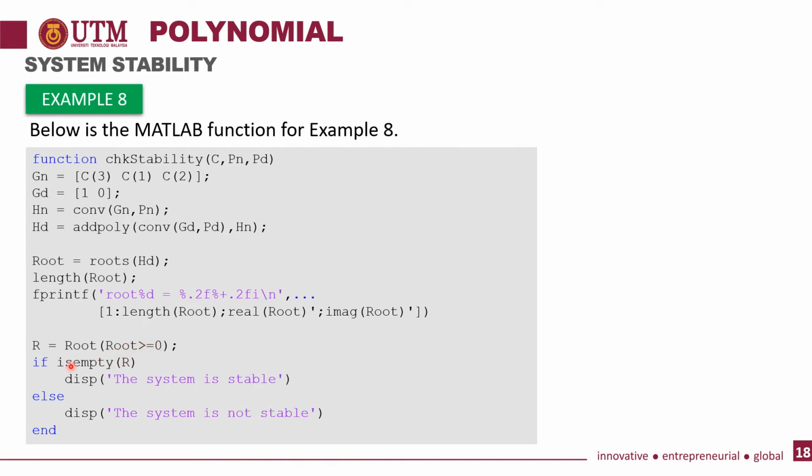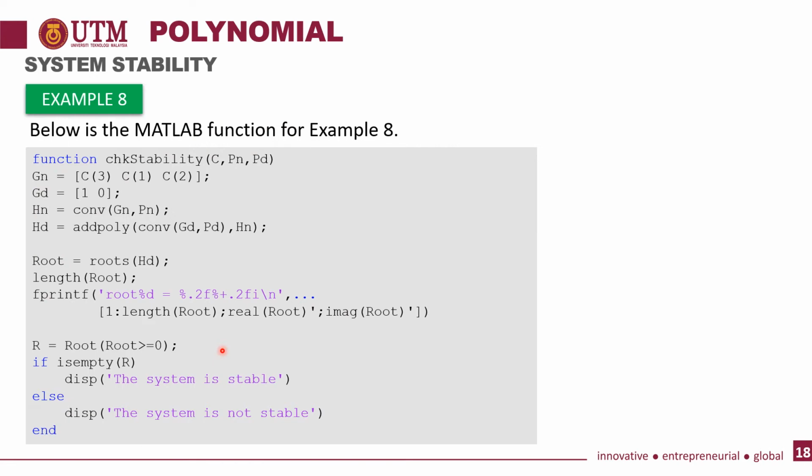If it is empty, it means the condition is not met, so the system is stable. So if R is less than 0, the system is stable, else the system is not stable. This is how you can create the MATLAB function to detect the stability of the system.